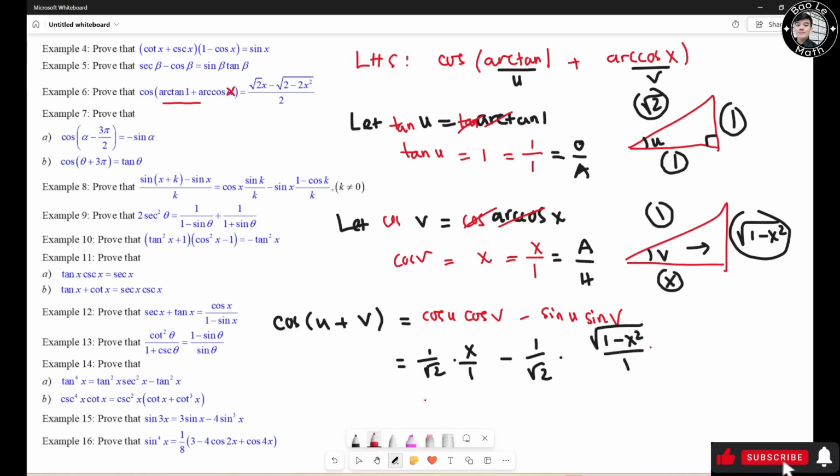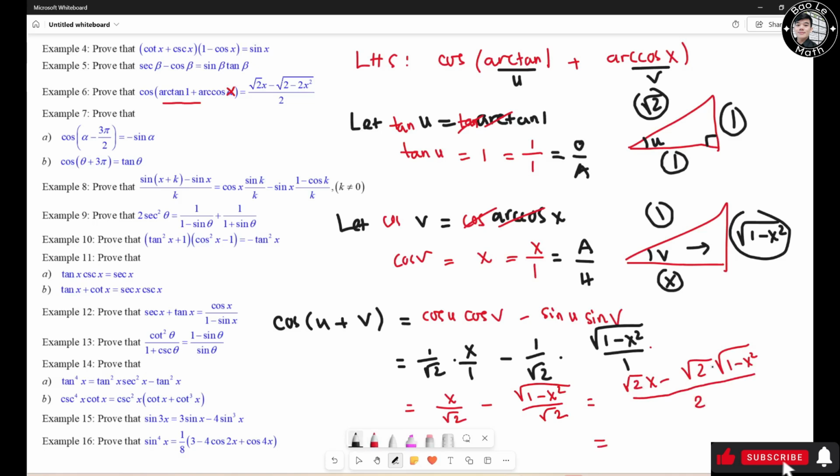Now I need to simplify this, right? So this turns out to be s over root 2 minus the square root of 1 minus s squared over root 2, right? Now I need to multiply the top and bottom by root 2. So I have root 2 s minus root 2 times the square root of 1 minus s squared, all together over 2, right?